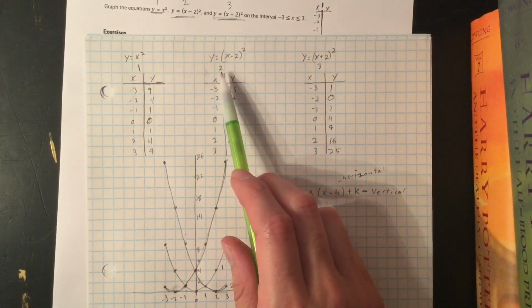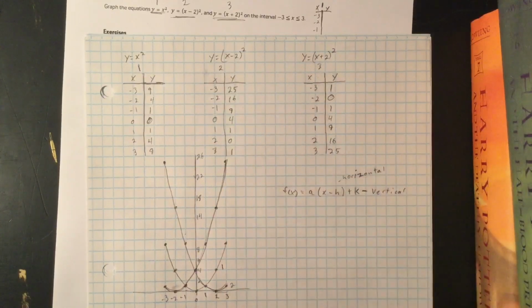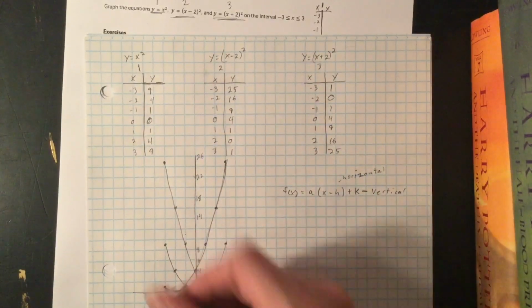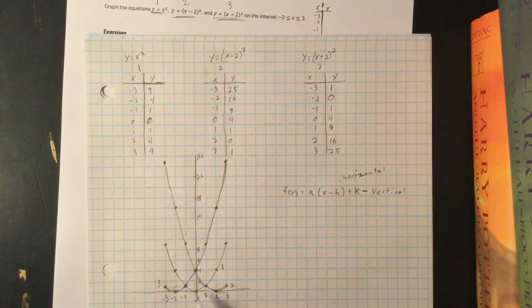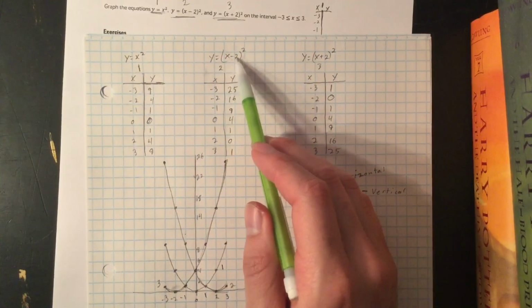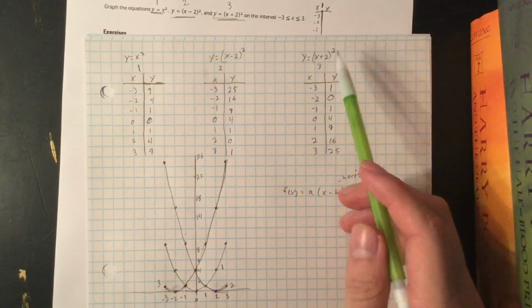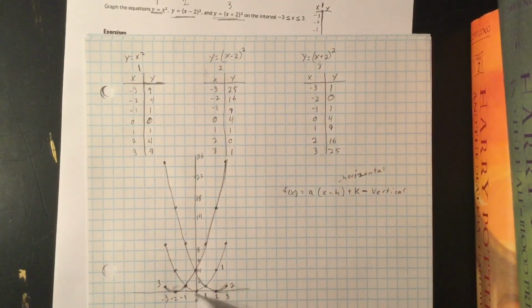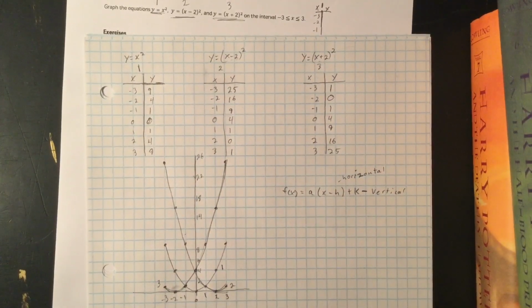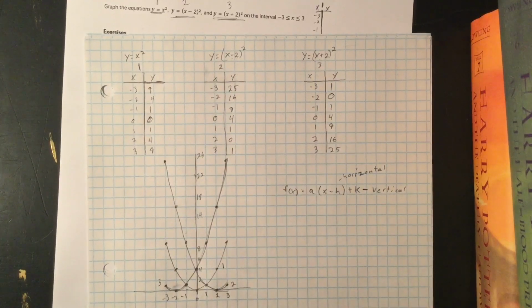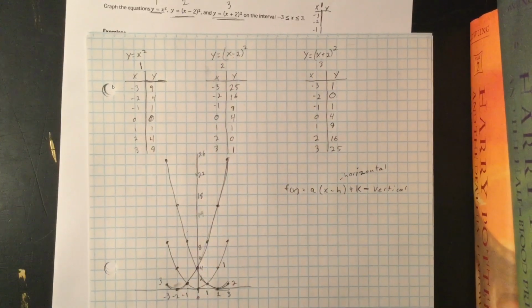So for this one here, when we had x minus 2, this one was graph 2. So our vertex moved to the right 2. So when this was negative, our vertex moved to the right 2. When we had plus 2, our vertex would move to the left 2. So this again is just going back to what we talked about before with translations.